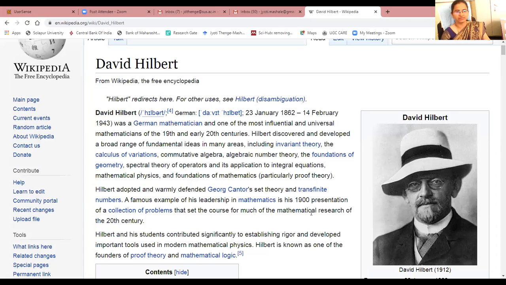He discovered and developed a broad range of fundamental ideas in many areas, including invariant theory, calculus of variations, commutative algebra, algebraic number theory, foundations of geometry, spectral theory of operators and its application to integral equations. If you just read those lines, it still gives you a variety of mathematics papers.